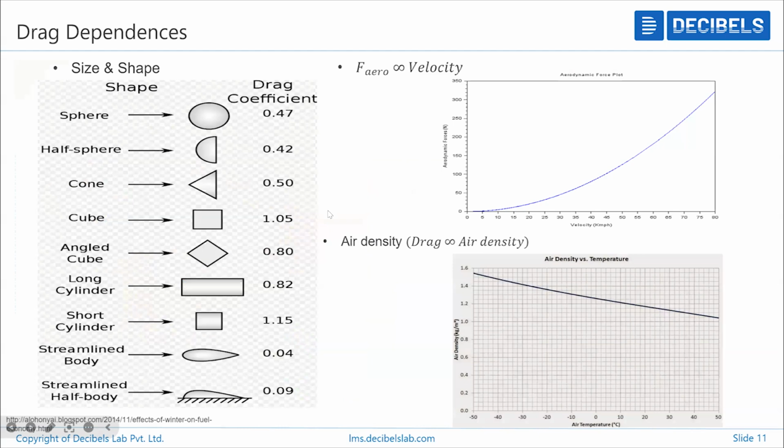And how this drag depends: we might have studied that different shapes contribute different drag coefficients. If you see all these shapes, our automotive industry may lie somewhere in this area, like the last one, streamlined body or half streamlined body.